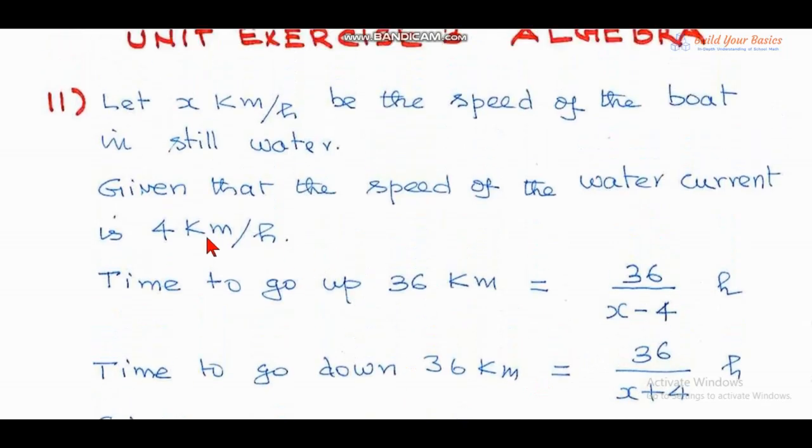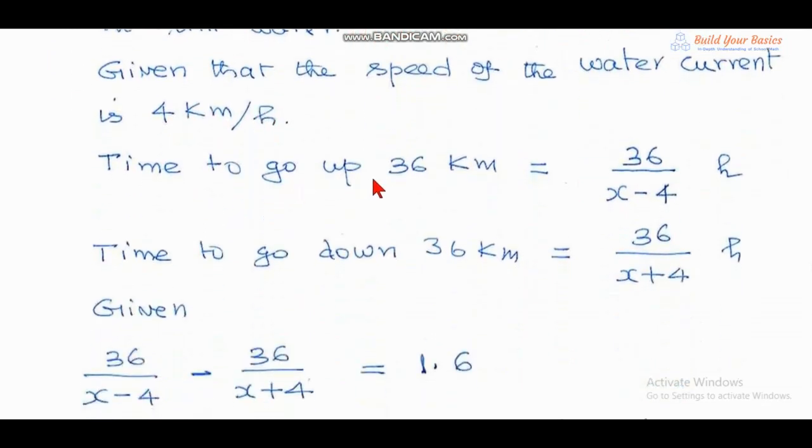Now let us start. Given that the speed of water current is 4 km per hour, therefore time to go up 36 km is distance by speed. Distance is 36 kilometers and the speed is x minus 4. And time to go down 36 km is 36 by x plus 4. Here x minus 4 because going up, the speed will be lesser.